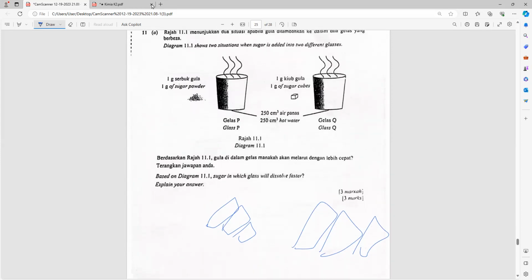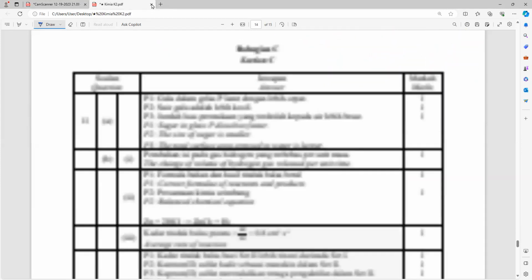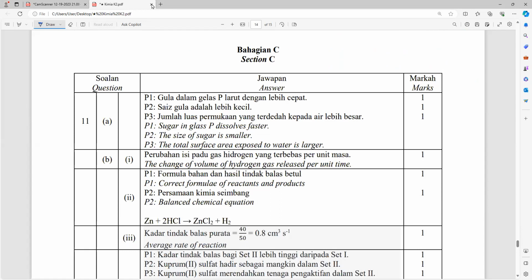So in diagram 1.1, sugar will dissolve faster where? Okay, sugar will dissolve faster in glass P, correct or not? If you look at the answer straight away. Yes, sir. Okay, glass P. Because the size of the sugar is smaller, the total surface area exposed to water is larger. So when I'm talking about the size of the chicken, or satay or whatever they give you, it's the same.